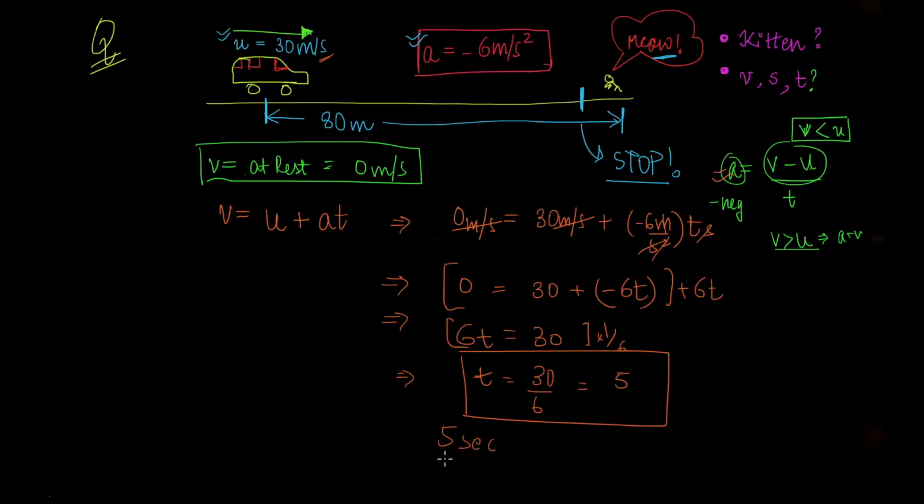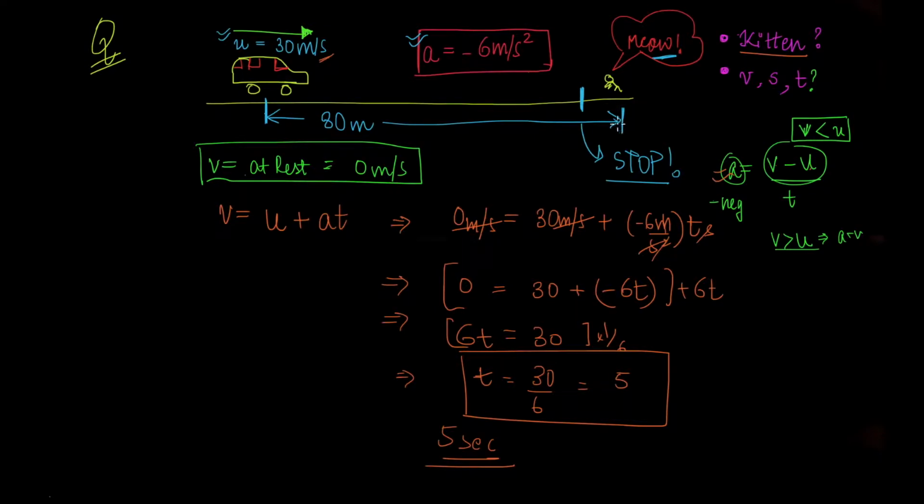So we hope that the accident, if there is any, would have taken place in 5 seconds. If the kitten survives, then we know that even in this 5 seconds, nothing is going to happen to the kitten. So at this point, we cannot say whether or not the kitten would be harmed or unharmed, but we know that the car will for sure stop after 5 seconds from noticing. So does this really answer the first question of whether or not the kitten is harmed?